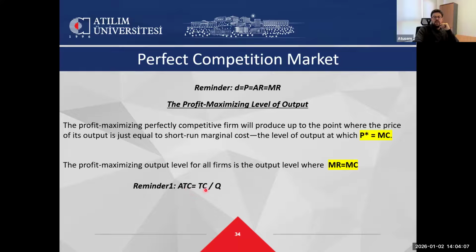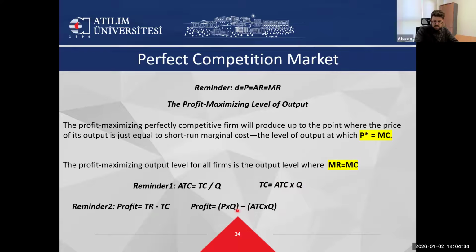Average total cost equals total cost divided by quantity. Then total cost equals average total cost multiply quantity.